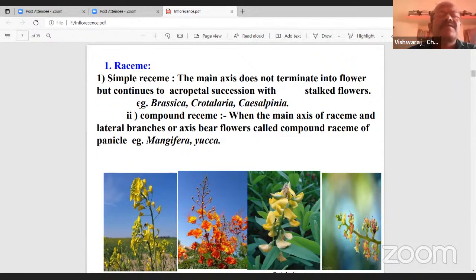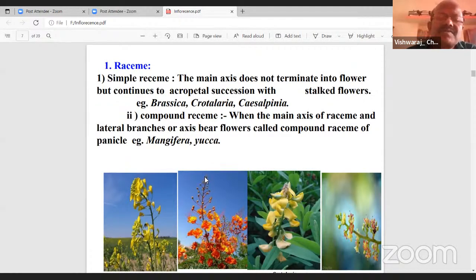Then compound racemes. When the main axis of raceme and lateral branches or axis bear flowers, it is called compound raceme. In simple raceme, the main axis does not terminate into flower. This main axis here does not end in flowers.